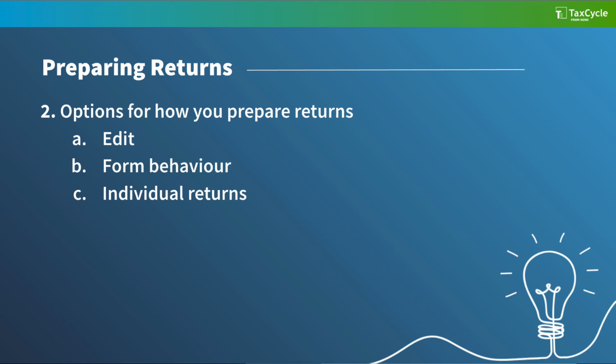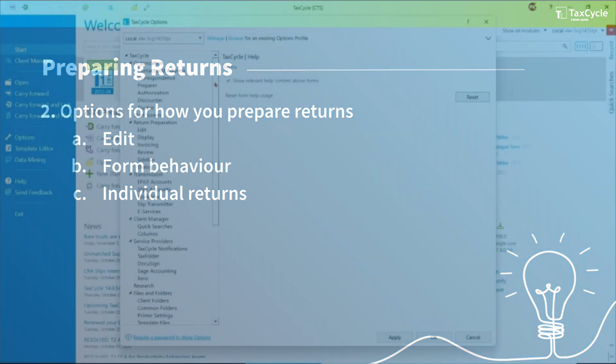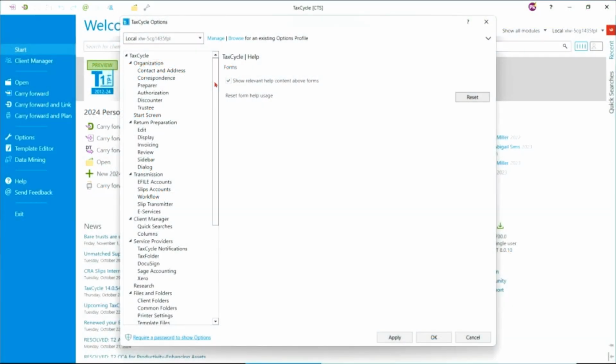Now that we have a process, we can set return preparation options. So we have a set of options here underneath to control the various behaviors of the preparation process.